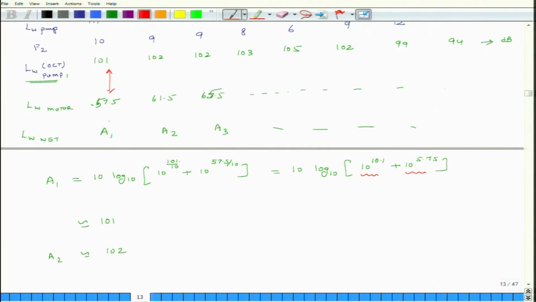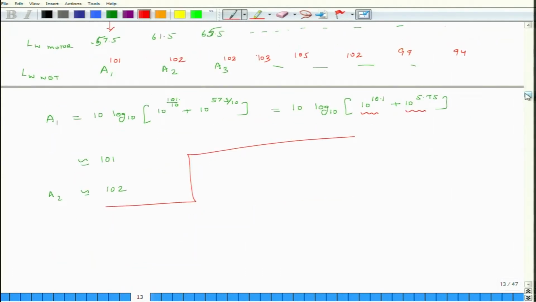These values are the same as 101, so I am just directly writing that. The point is that if you come across such large differences, you do not have to spend too much time computing and adding up the power levels. You can directly write it, but you have to have a feel for how much difference it will create.